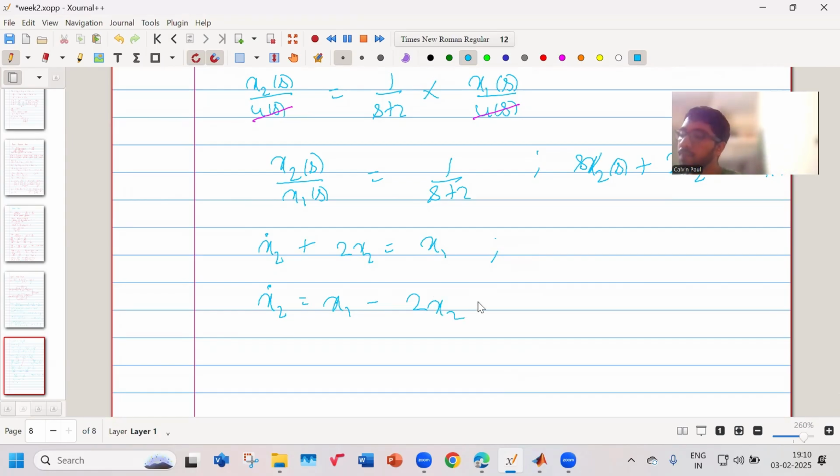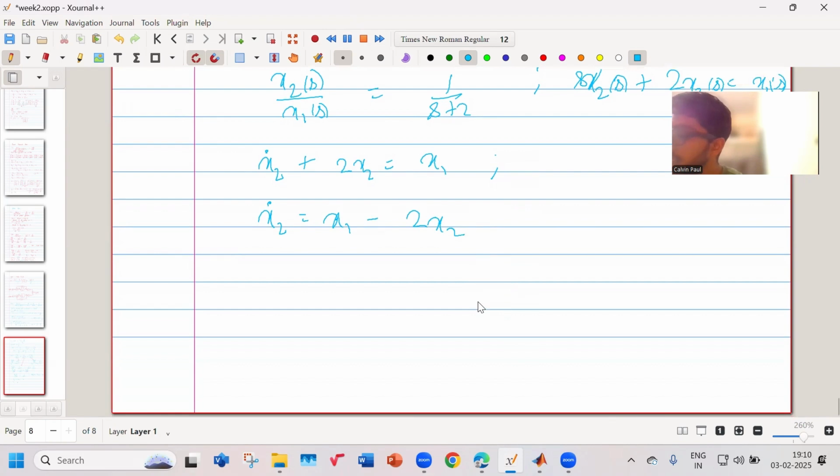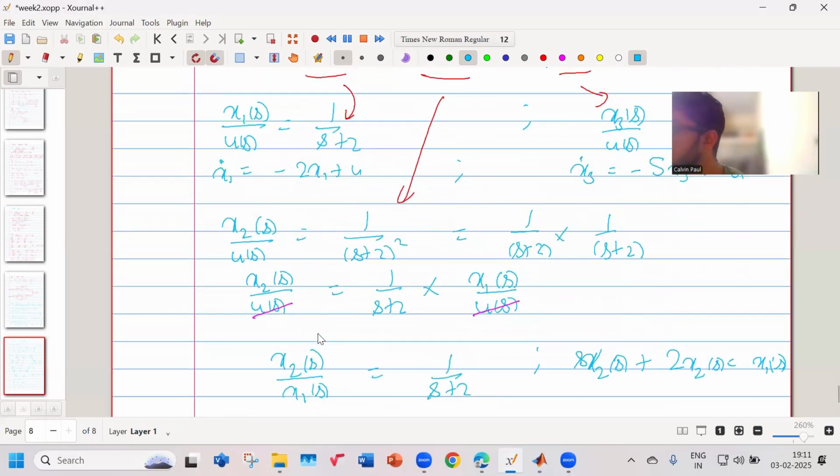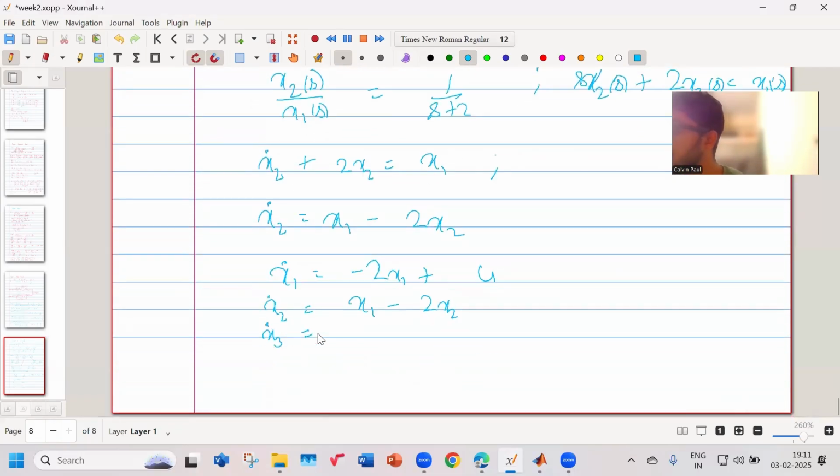Then we combine all the equations. We got X1 dot is equal to minus 2 X1 plus u. X2 dot is X1 minus 2 X2, and X3 dot is equal to minus 5 X3 plus u.